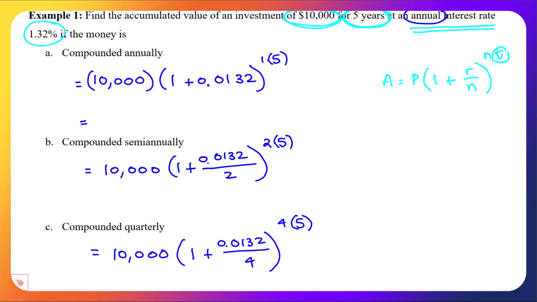Well, t is the number of years, so that's 5. The rate is going to be 0.0132. We convert the percent to a decimal, and P is the amount I start with, that's the $10,000.